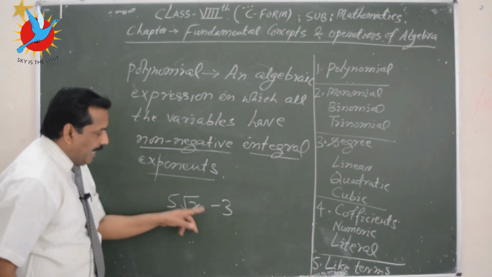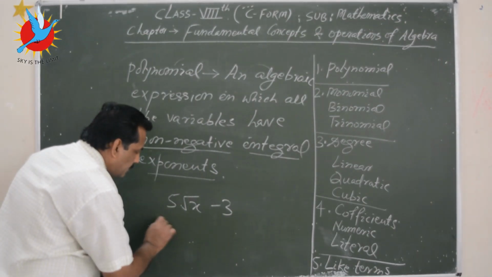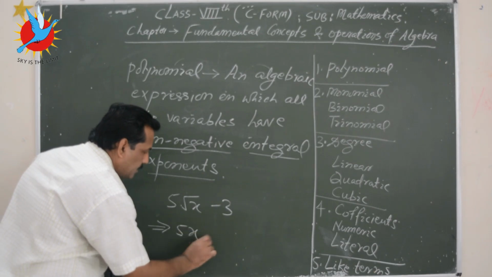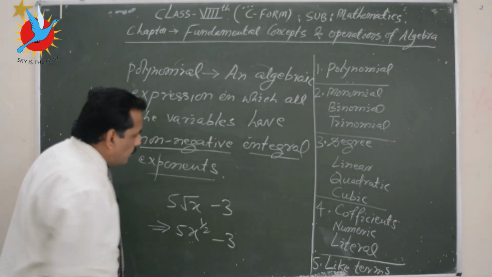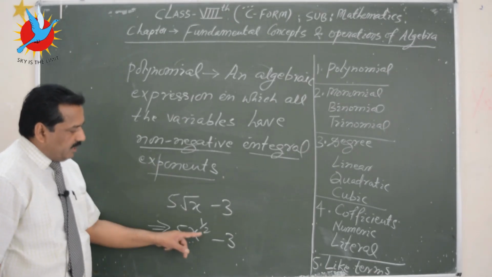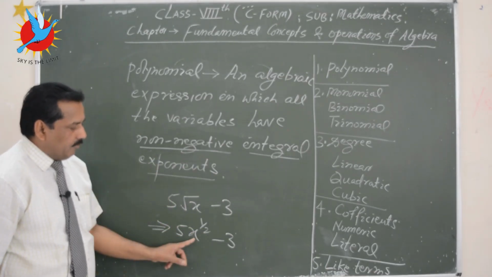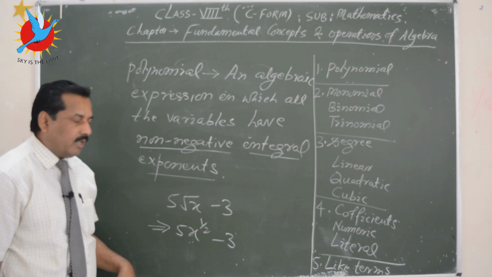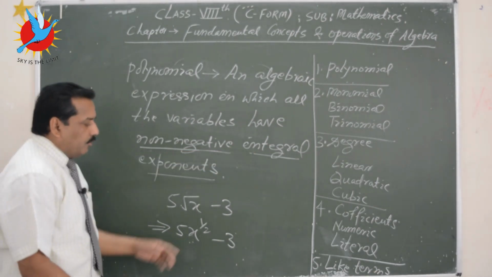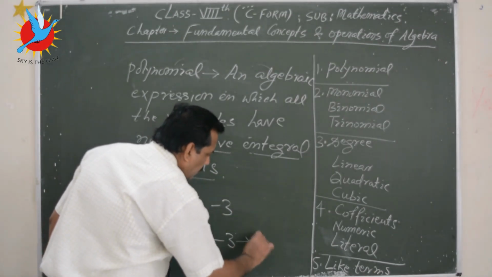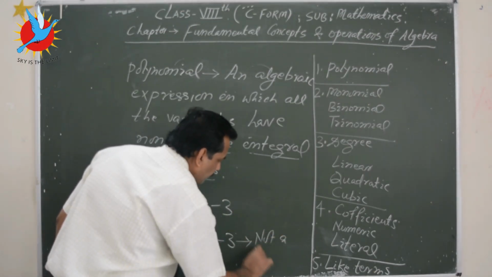This root x means this is 5x to the power 1 by 2 minus 3. What is the exponent? The exponent means the power of the variable. Here it is 1 by 2, and 1 by 2 is not an integer. Therefore this is not a polynomial.